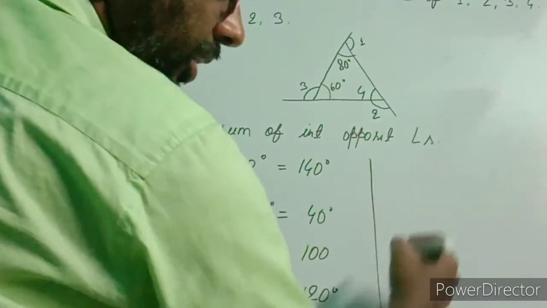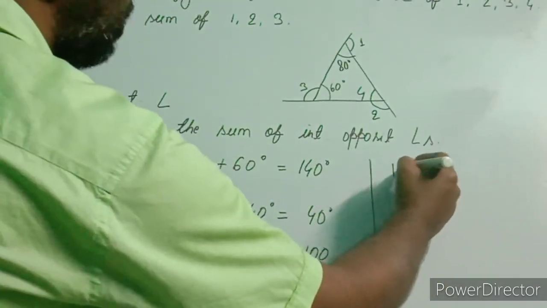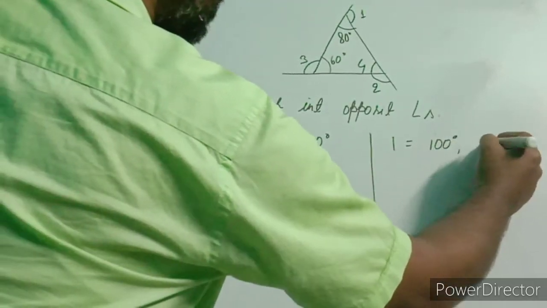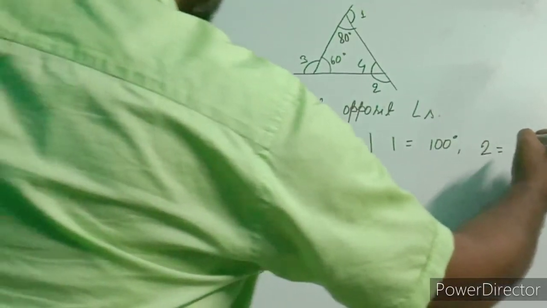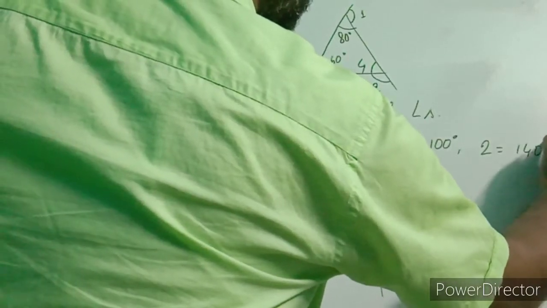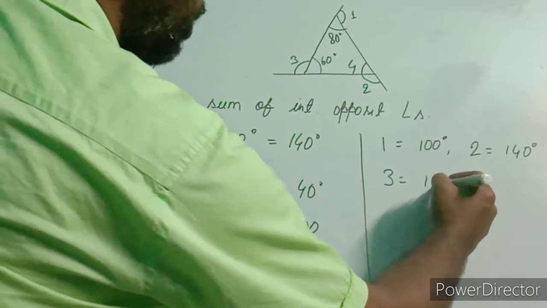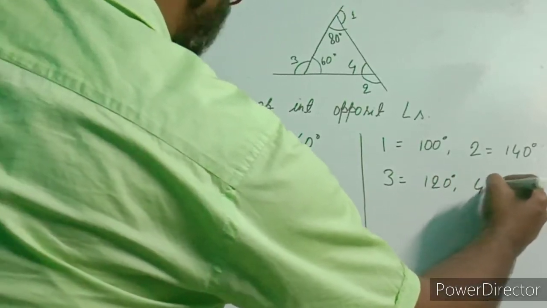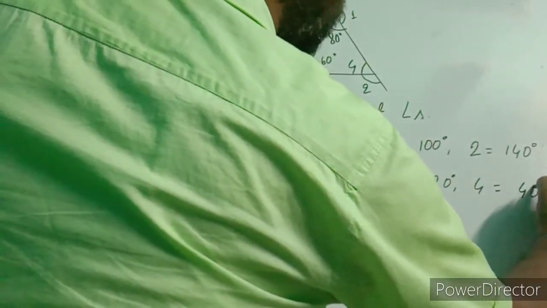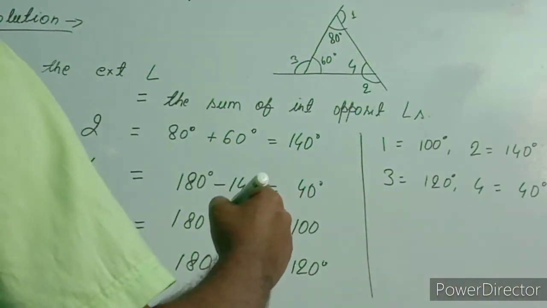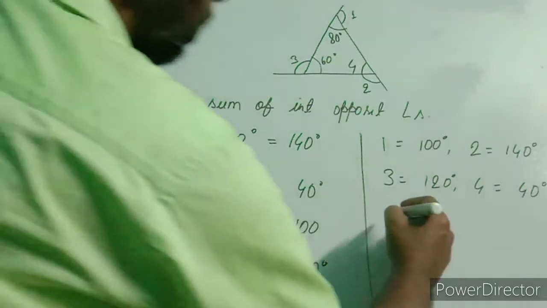So we have the angles 1 equal to 100 degrees, 2 equal to 140 degrees, 3 equal to 120 degrees, and 4 equal to 40 degrees. Now the second part, the sum of 1, 2, 3.